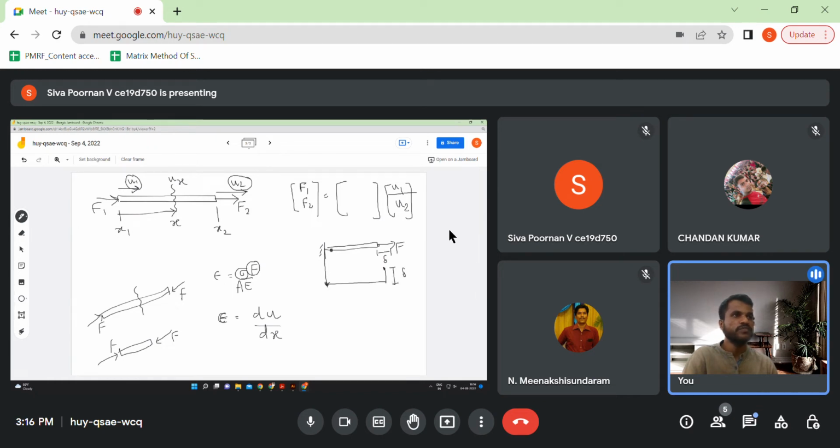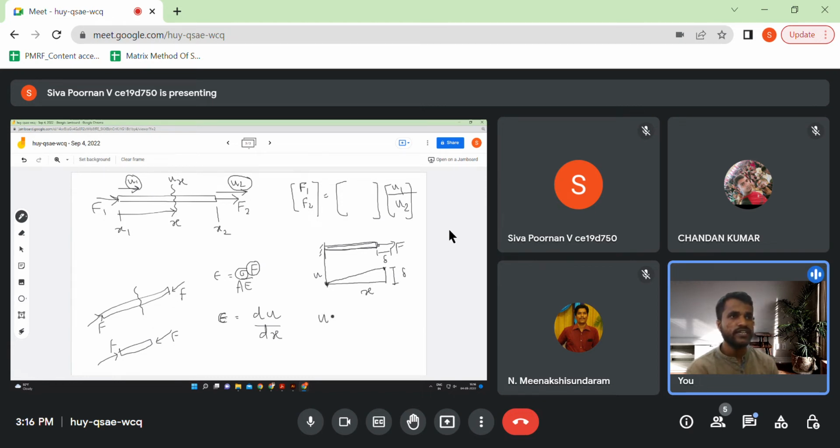How will the displacement vary between these two points? It will be linear, because strain is constant. So this is the displacement profile of the stress problem, right? So u is a linear function.